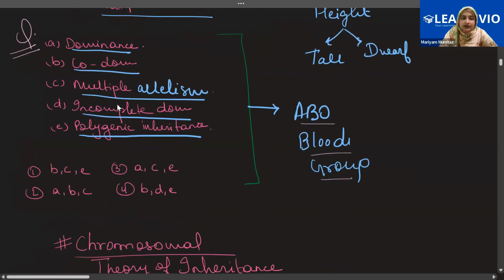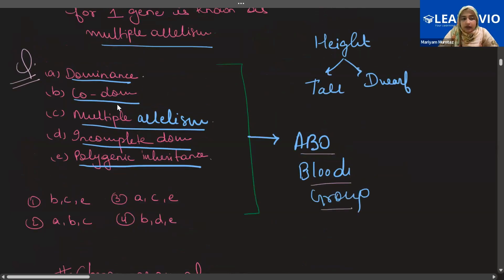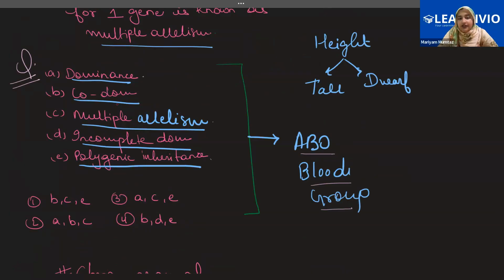Now, there was this question: out of all of those options that you see, which of the phenomena are present in the ABO blood group?